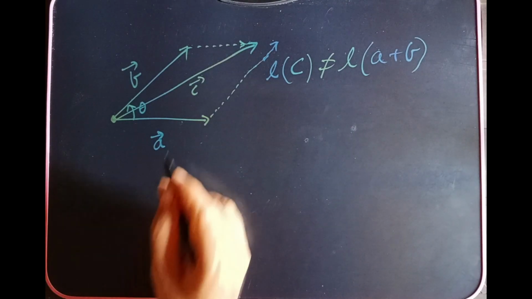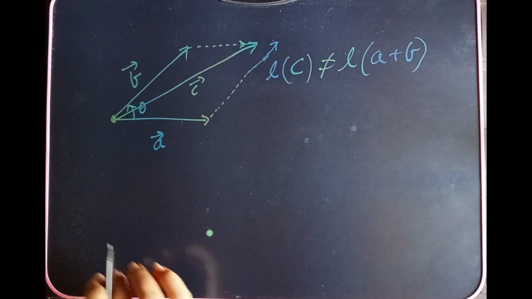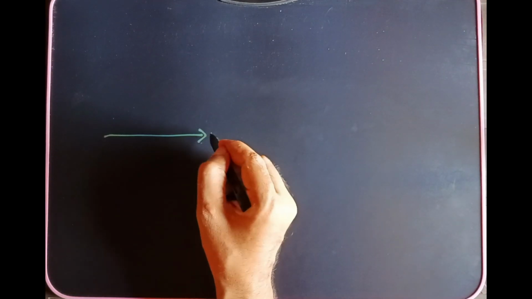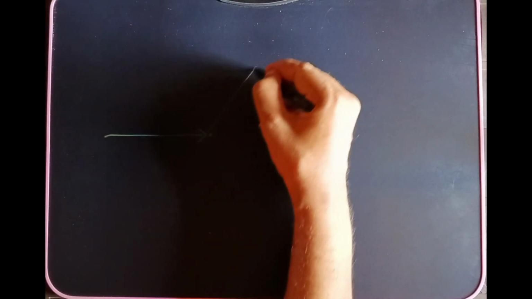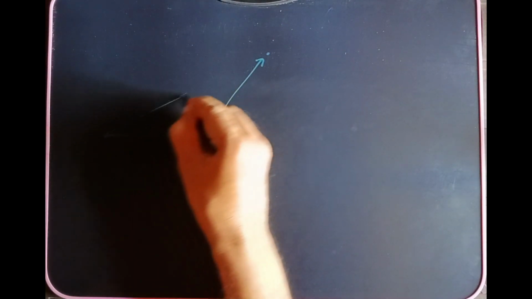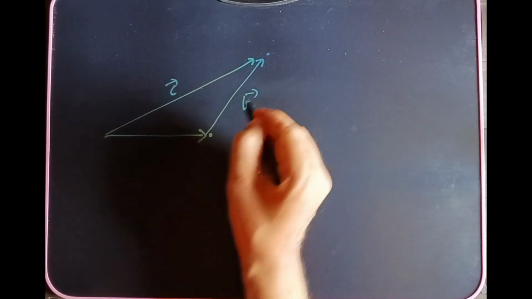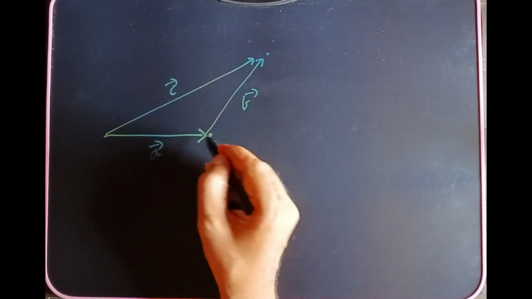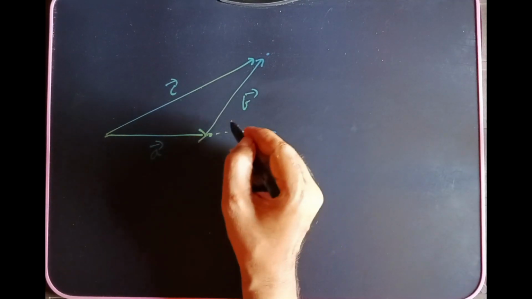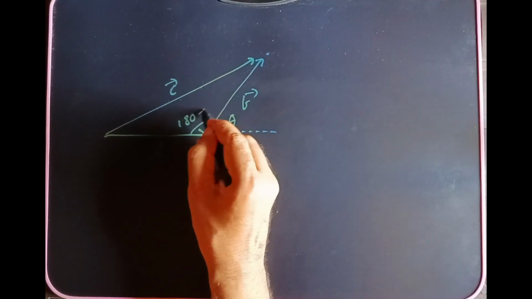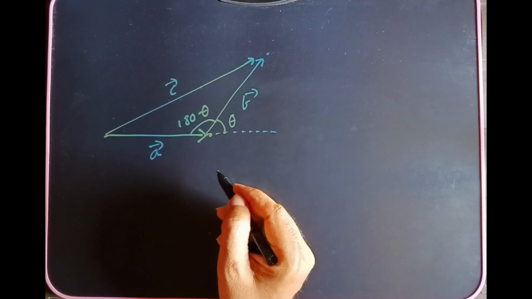If we consider this triangle, let us take a new slate again. If we consider a movement from A then to B, then this is the resultant C, this is B, this is A. If I extend this line here, I'll say this is theta, then this will be 180 minus theta, right?